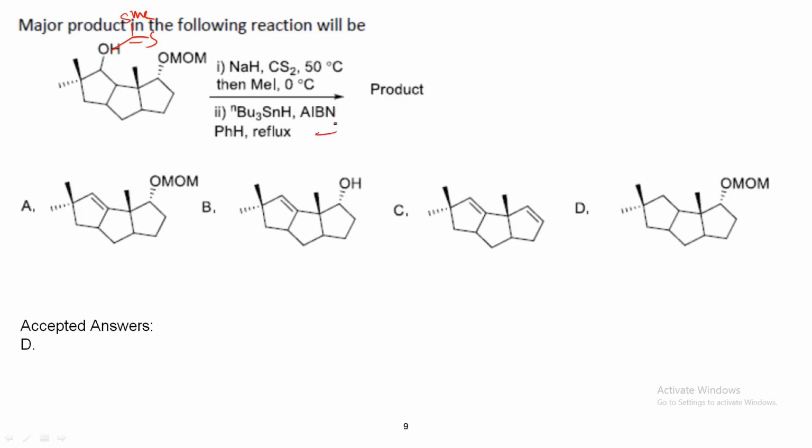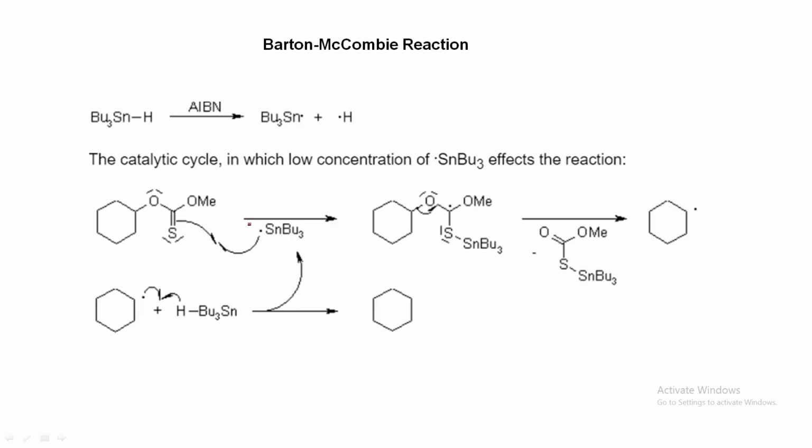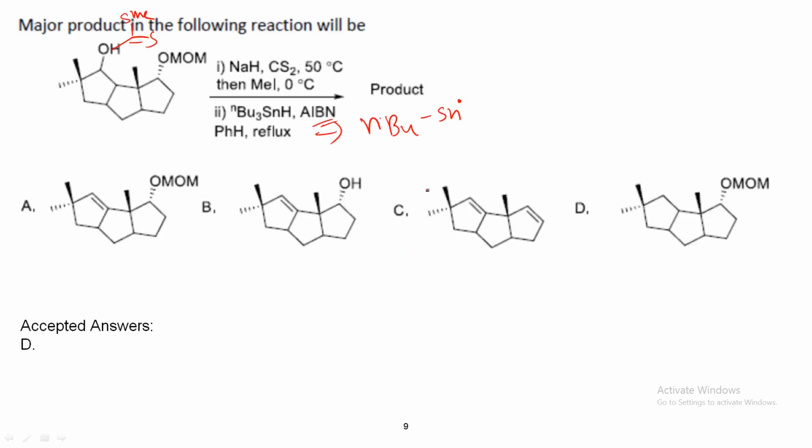Then AIBN acts as a radical initiator, it would generate this particular radical, and after this the mechanism would follow, Sn dot standing in, and this sulfur bond would be forming, followed by this particular type of decarboxylation, and it is neutralized by this H dot, and the radical cycle would go on like this.